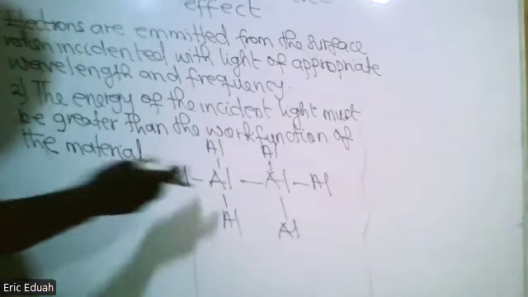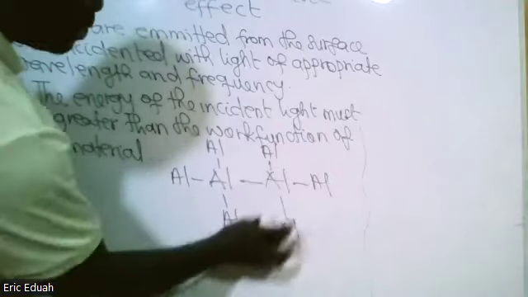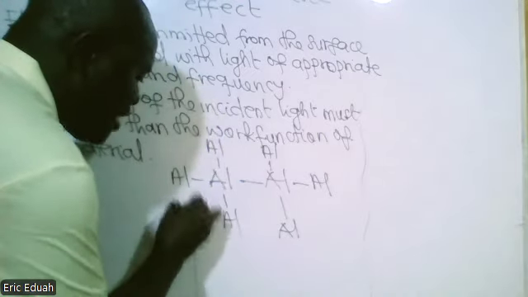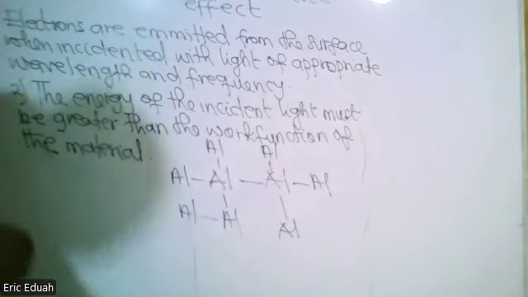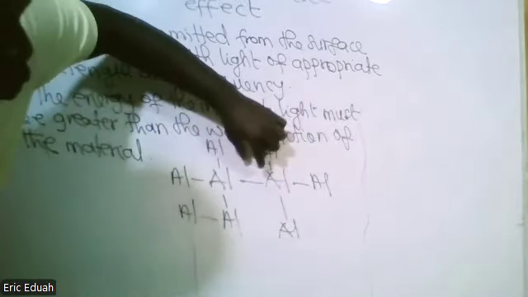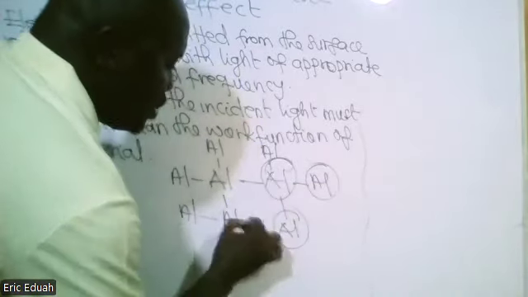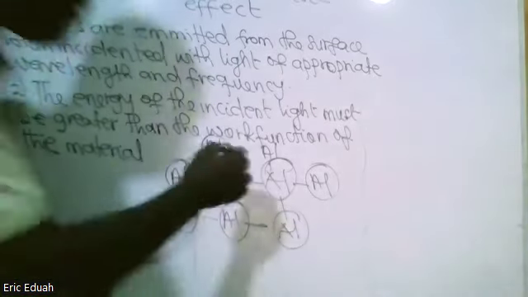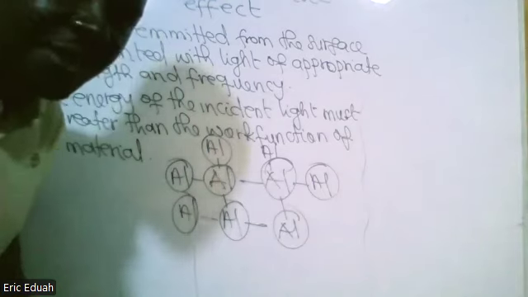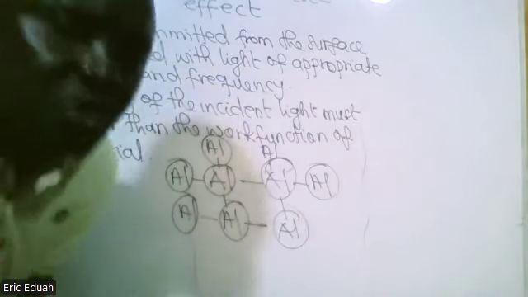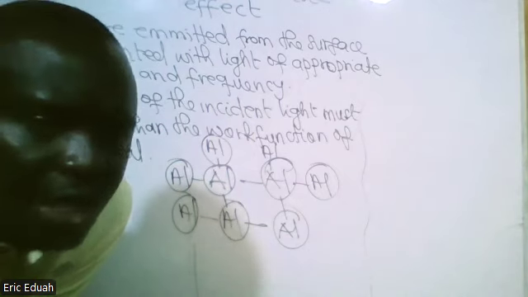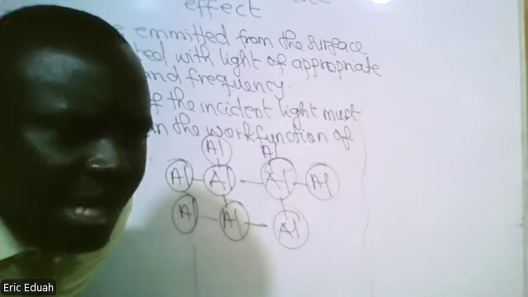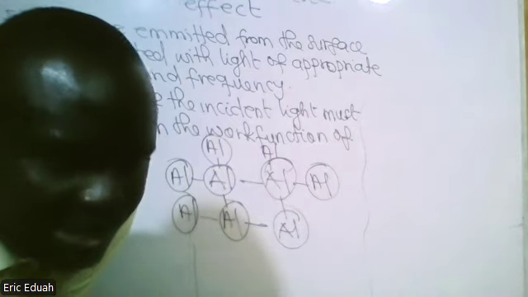So I'm representing this as aluminum atoms that are covalently bonded to form the structure of aluminum material. The energy which holds these individual aluminum atoms together to form the structure is what forms the work function. So the work function of a material is due to the atomic bonding of that particular material.